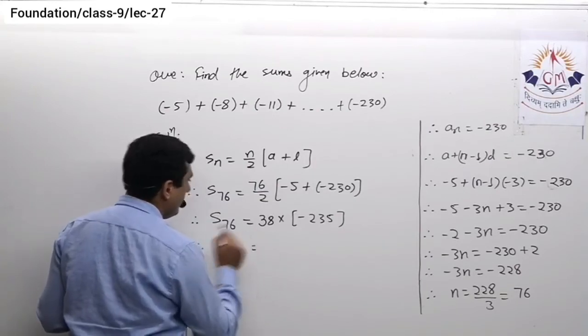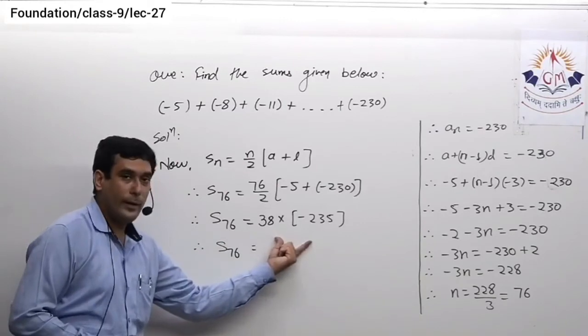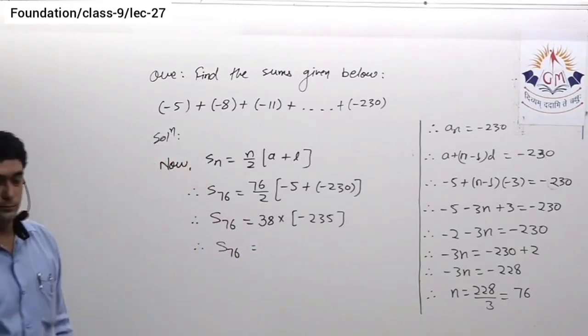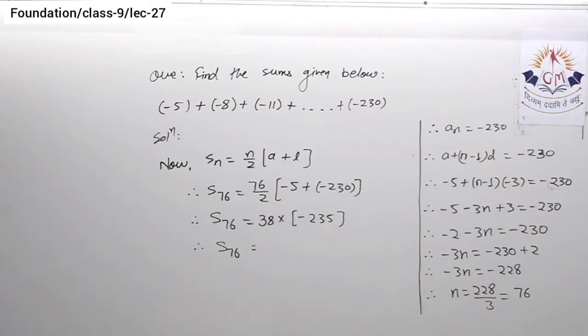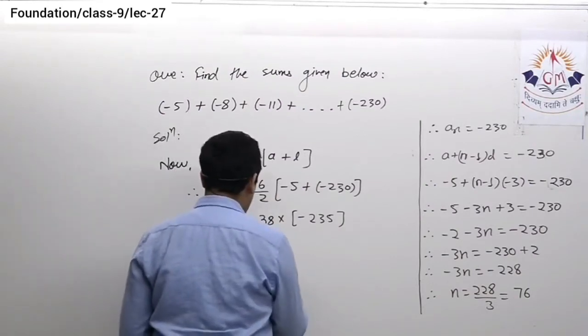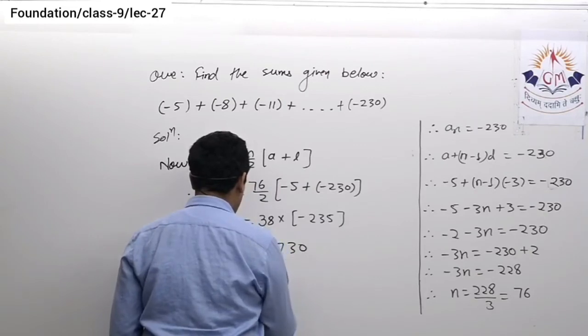Think for a while, calculate on your own, then I will give you the solution. If you multiply these two, you will get 8730 with a negative sign.